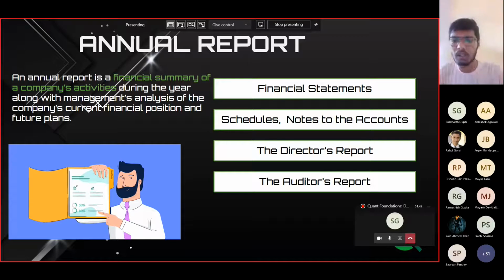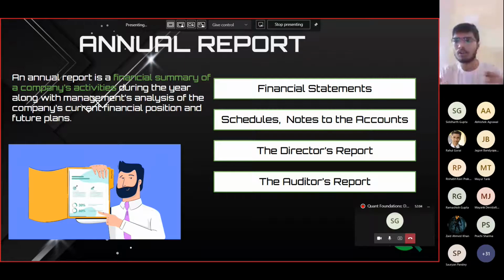Then we'll learn about the financial statements: the balance sheet, the profit and loss, and the cash flow statements I told you about. In the financial statements, there are a large number of ways in which they generate revenue or use assets.